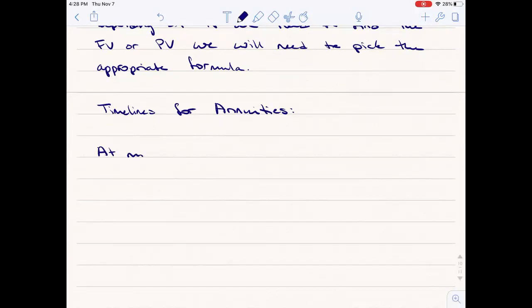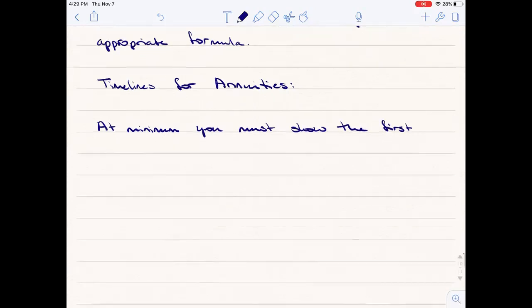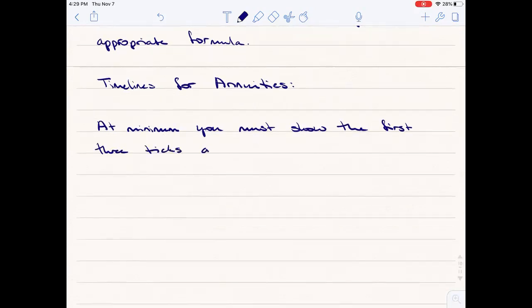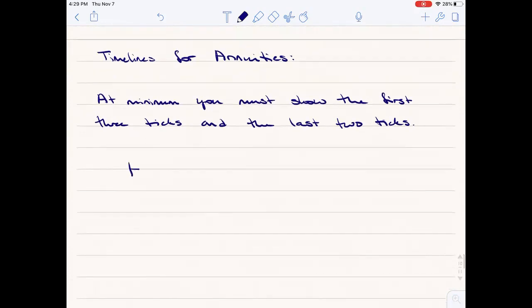At minimum, you must show the first 3 ticks and the last 2 ticks. Meaning it'll look like this.